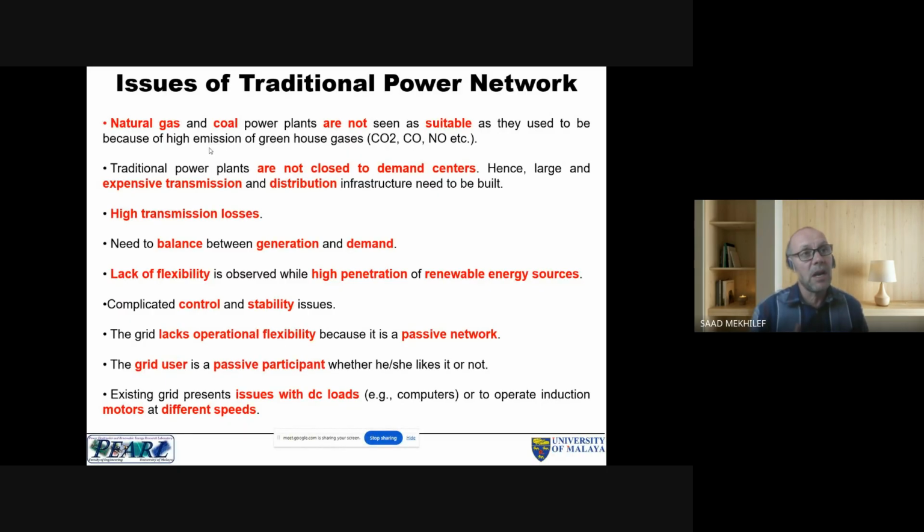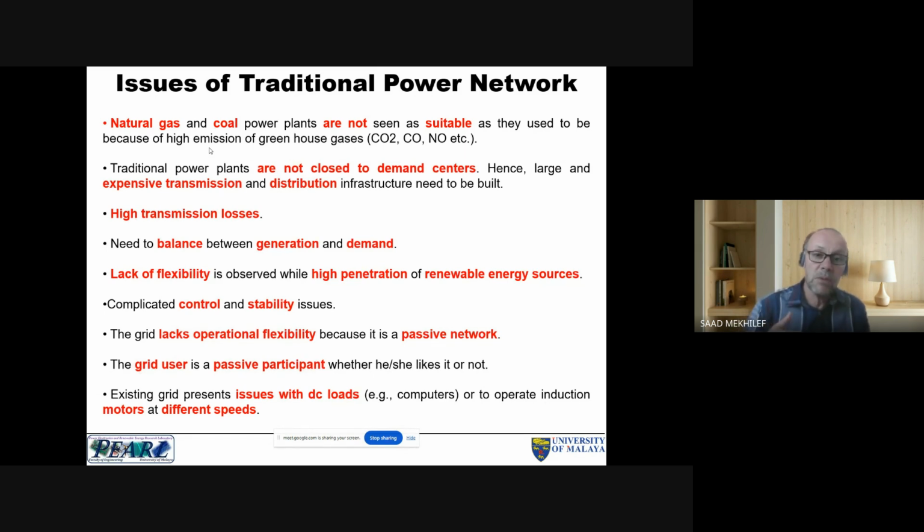It has served the world for almost 50-60 years now. But one of the issues is that it has very high gas emissions, a lot of emissions. And we have seen in the last few years the impact of these emissions on the planet.